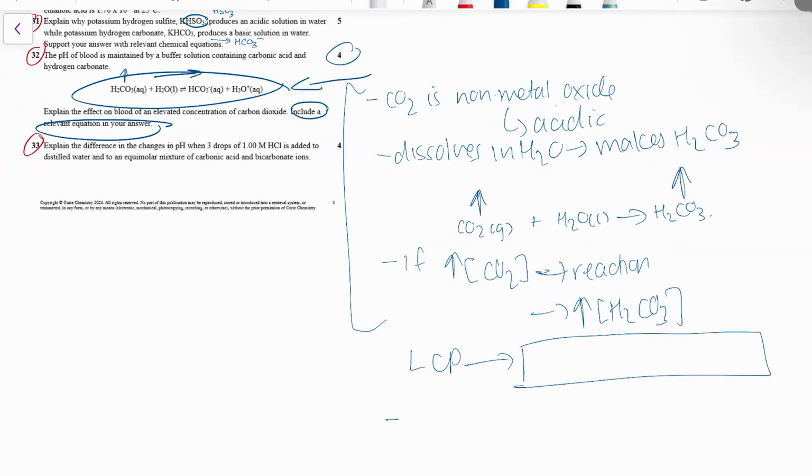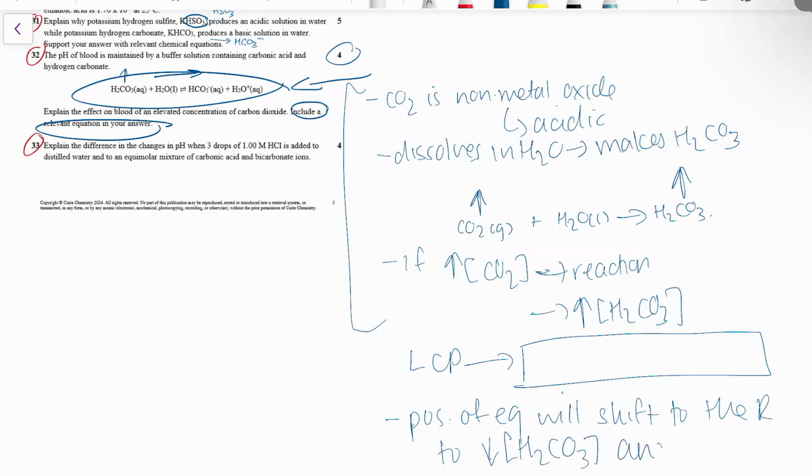So then if the concentration of H2CO3 goes up, then according to LCP, the position of equilibrium will shift to the right to try to minimize the increase in concentration, to try to bring this back down and counteract the change.